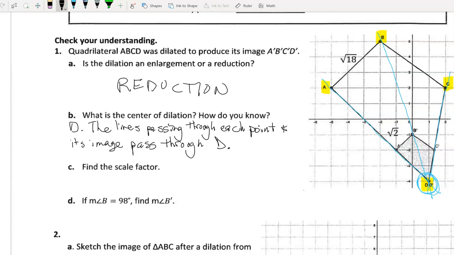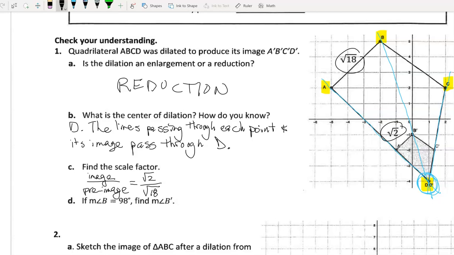All right, now we want to find the scale factor. The scale factor is always going to be the image over the pre-image. The image is what we end up with, and the pre-image is what we started with. So we need to look for a side from the image, that's the square root of 2, and the side that it matches with is the square root of 18.